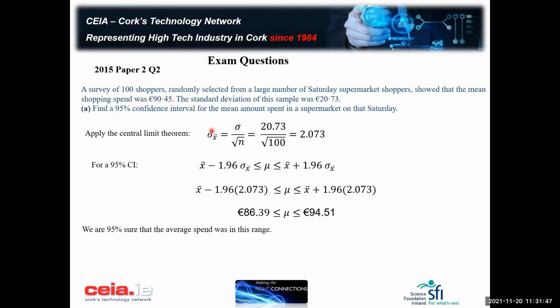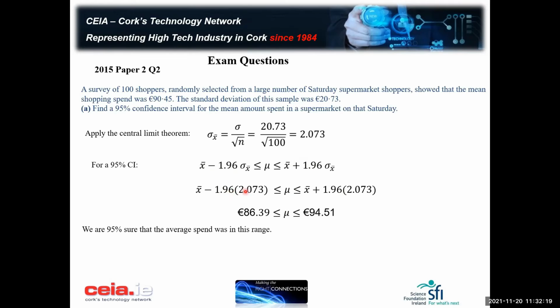So applying it, you work out the standard deviation of the means as sigma over √n. Sigma is 20.73, √n is √100, you get 2.073. And then the 95% confidence interval is 1.96 standard deviations on either side of this measured value x bar.